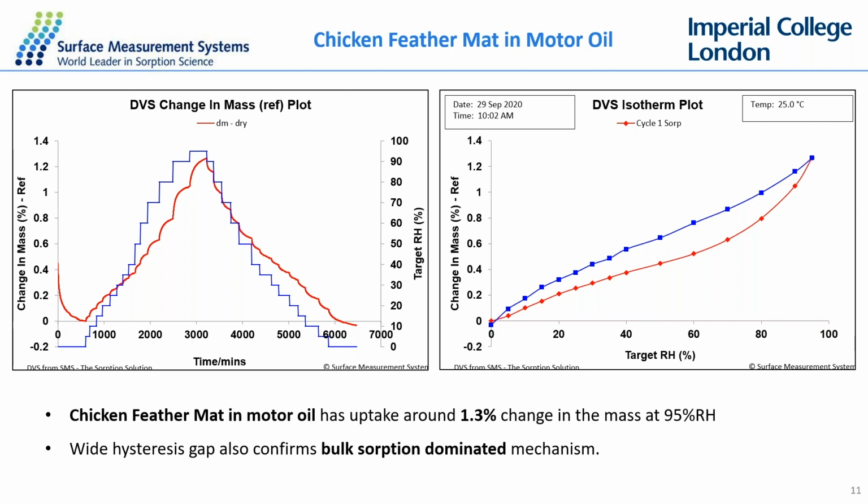Now for the result, we see that there was an uptake of about 1.3% change in mass at 95% relative humidity. Also, when we look at the isotherm plot of desorption, we see that the hysteresis gap is wide, and this confirms that it's a bulk sorption dominated mechanism.